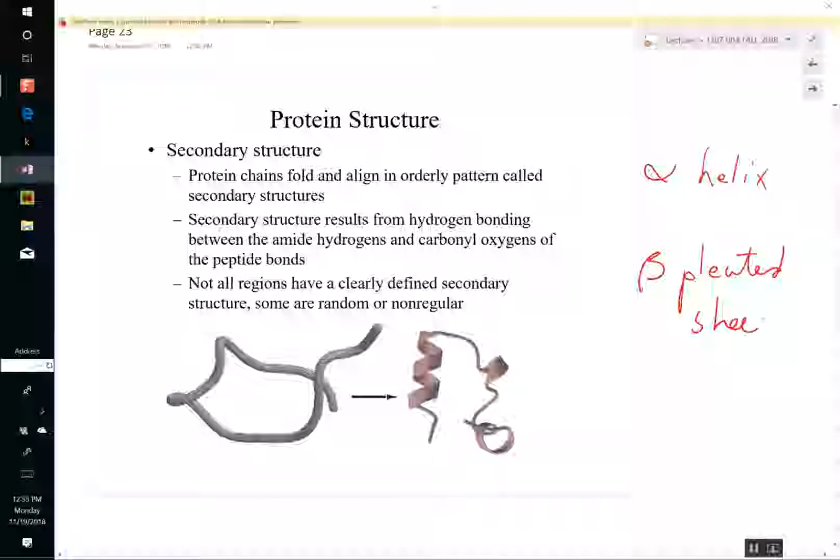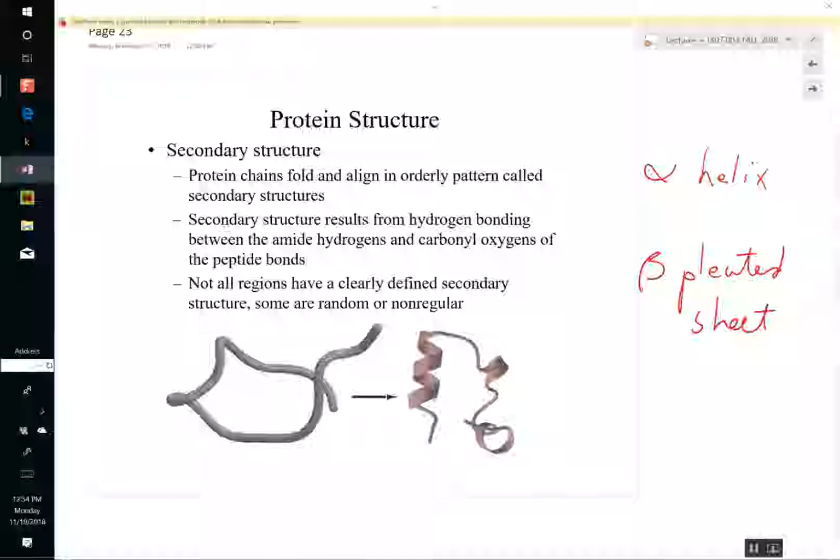And the bonding that's occurring here, remember our peptide bond is like this. Here's our peptide bond. Secondary structure, we get the alpha helix, beta pleated sheet. I'll show you examples of this real quickly here in a minute.